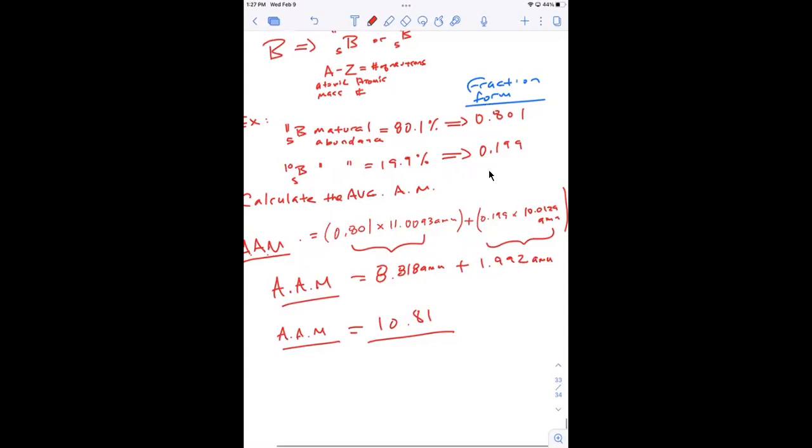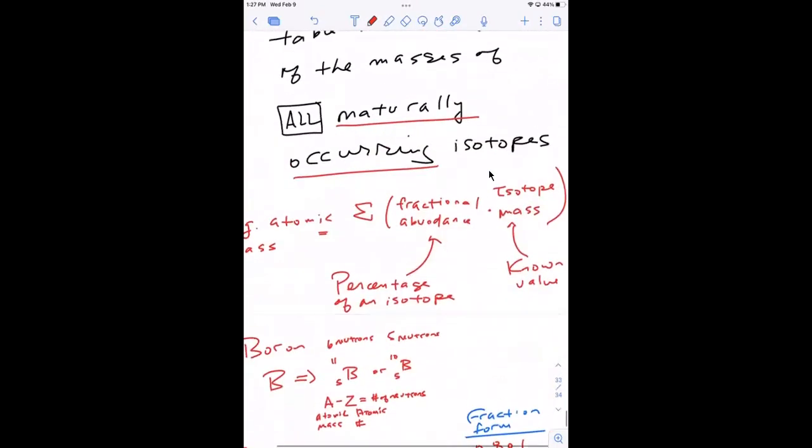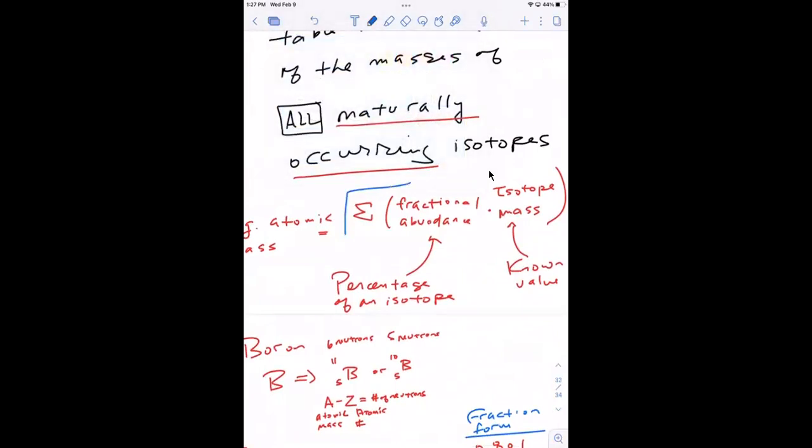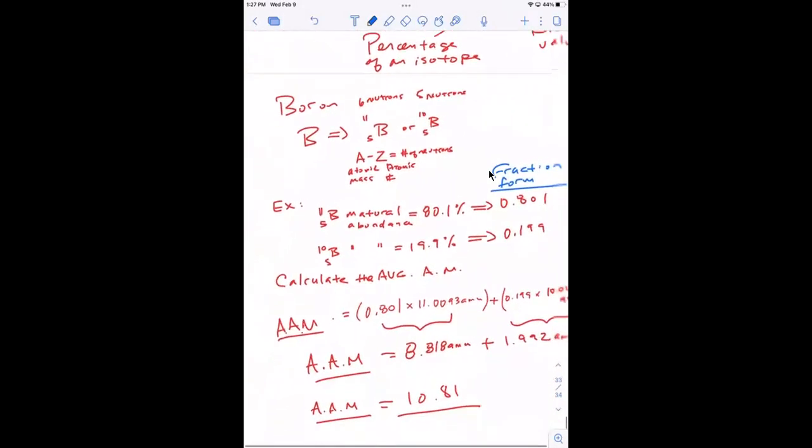So this is the equation that we'll use when we're talking about average atomic mass. It's the sum of the fractional abundance times the mass of the isotope. Depending on how many isotopes you have, that's how many terms you'll have in that sum. Any questions?